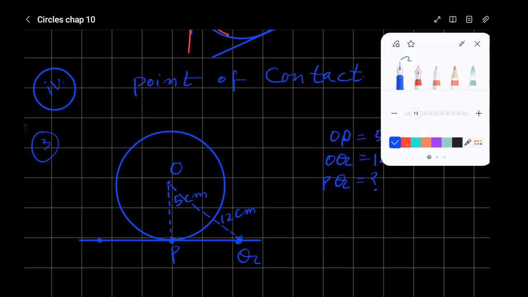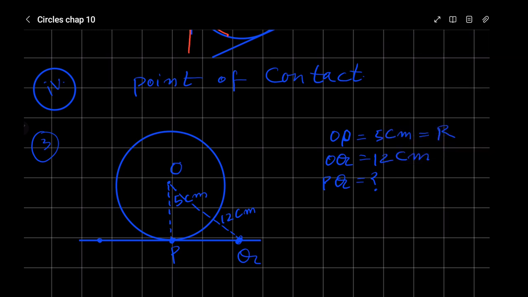Now I will switch to red color. Up to this point I read the question and made a diagram, and I have also written what kind of inputs are available, for example, 5 centimeter and 12 centimeter. Then we need to find out PQ. Let us see how to find it.